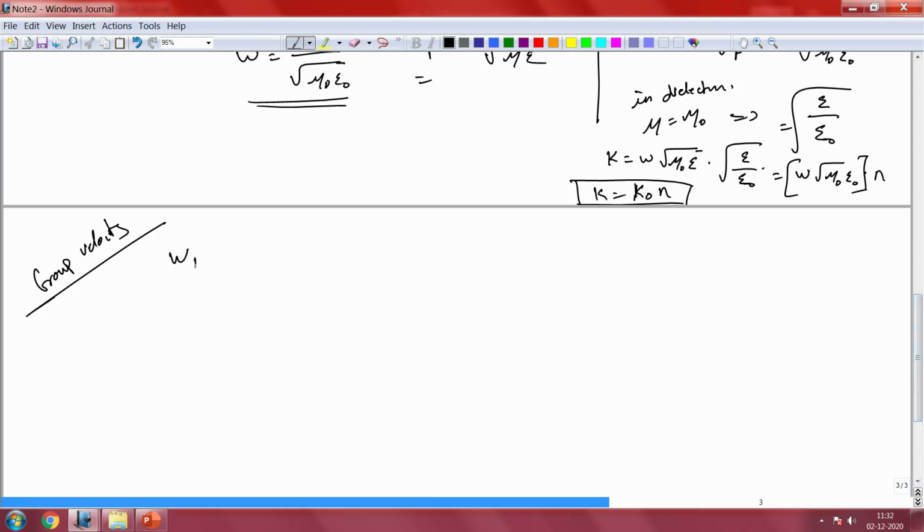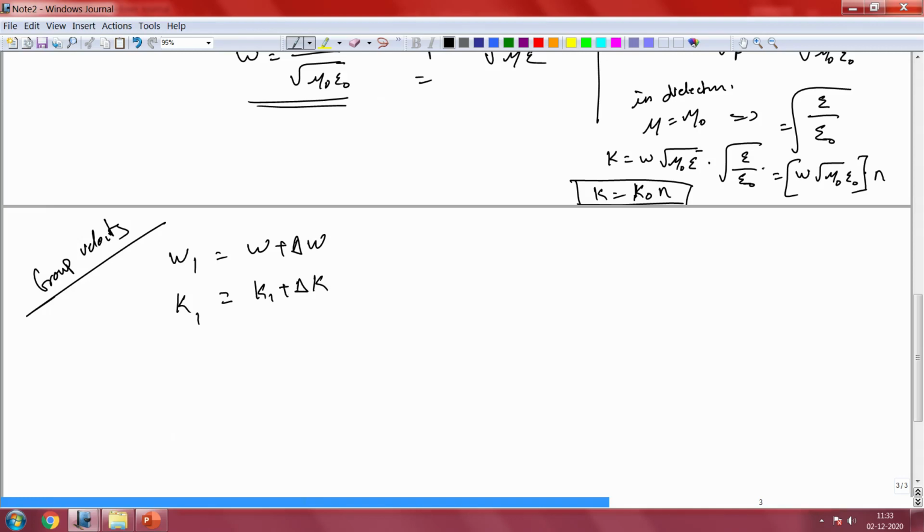Let's say there are waves propagating, so the pulse will have a certain bunch of frequencies there, and the k, or the propagation constant, also has a spread.